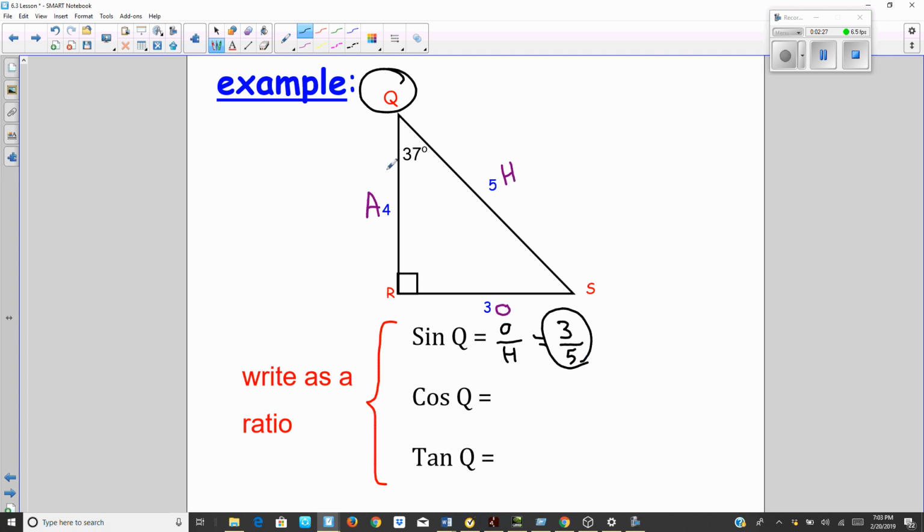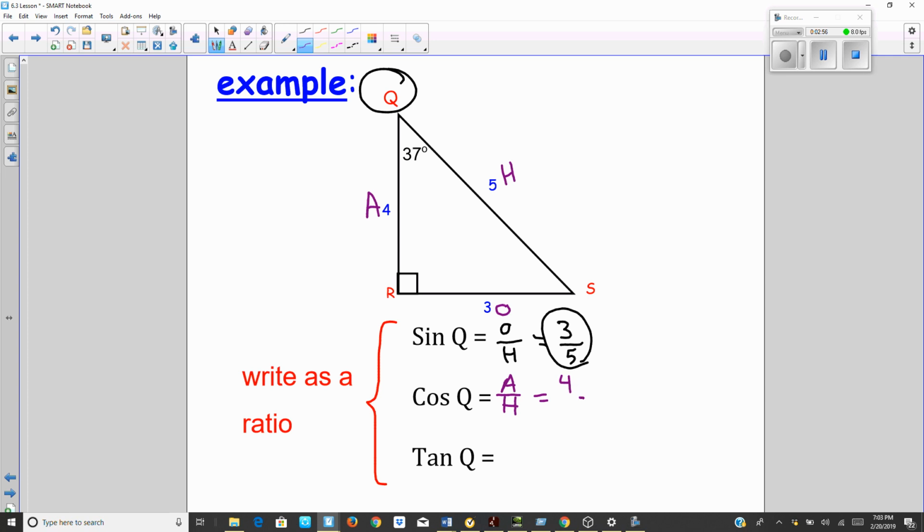And actually, in this case, if you type in the sine of 37 degrees in your calculator, it's going to give you a decimal that's really close to 3/5. So the sine of 37 is always going to be a decimal that's right around 3/5. Cosine of Q is A over H. So this time the adjacent side is 4.